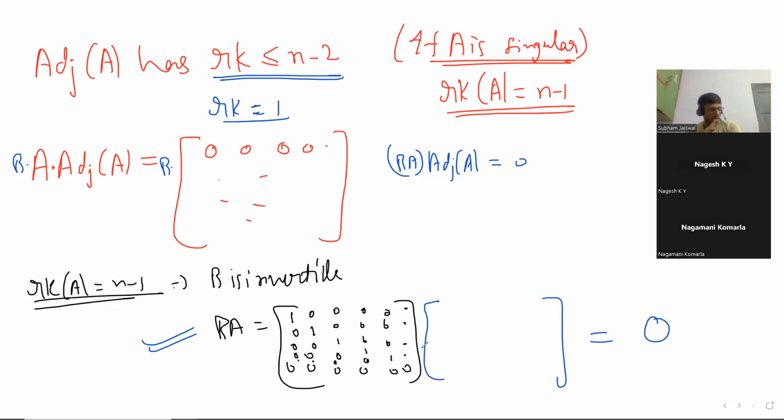Let us do it systematically. I want to show that the rank of adjoint of A is 1. That's actually easier to prove. Even if I don't assume that, I can prove it.